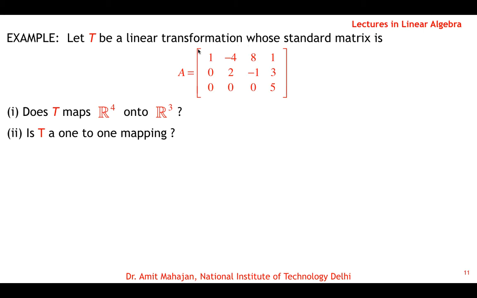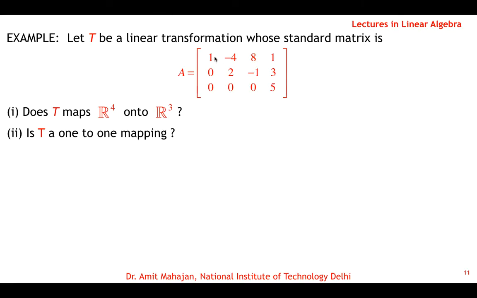Okay, so the matrix is already taken to be in an equivalent form. You can see that the leading elements are moving, but it is not the reduced equivalent form, simply an equivalent form is given. So if we solve the system Ax is equal to b for every b vector in R3, whatever b vector we take, it is already in equivalent form, and you can clearly see that the system will always be consistent, because there will be no row of the form 0 0 0 0 equal to a non-zero number.